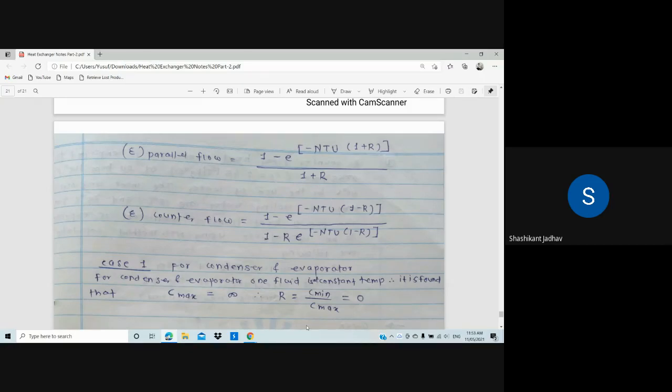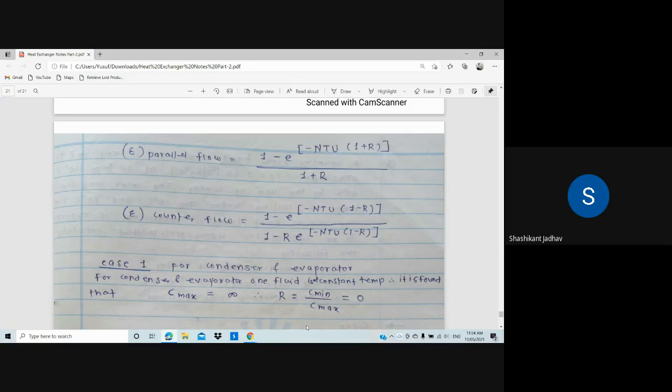That is epsilon of counter flow is equal to, now we have derived that equation, write down that equation, 1 minus e raised to minus NTU into bracket 1 minus R, divided by 1 minus R e raised to minus NTU into bracket 1 minus R.